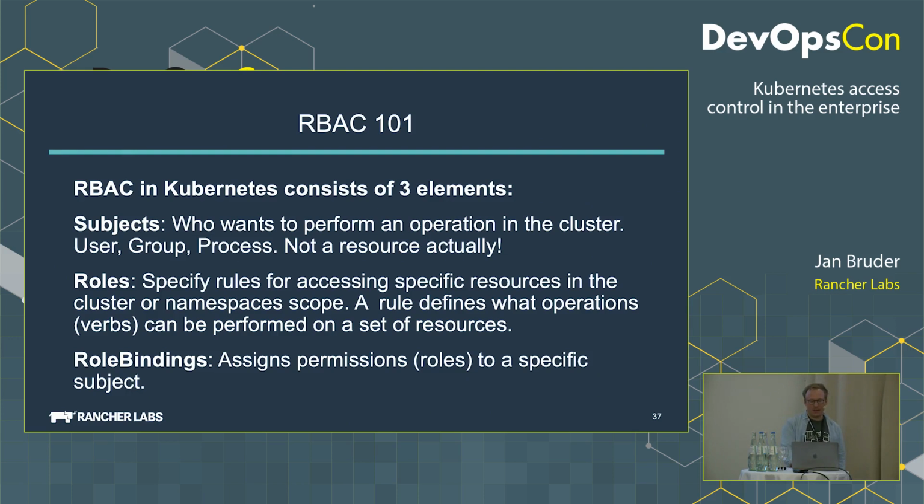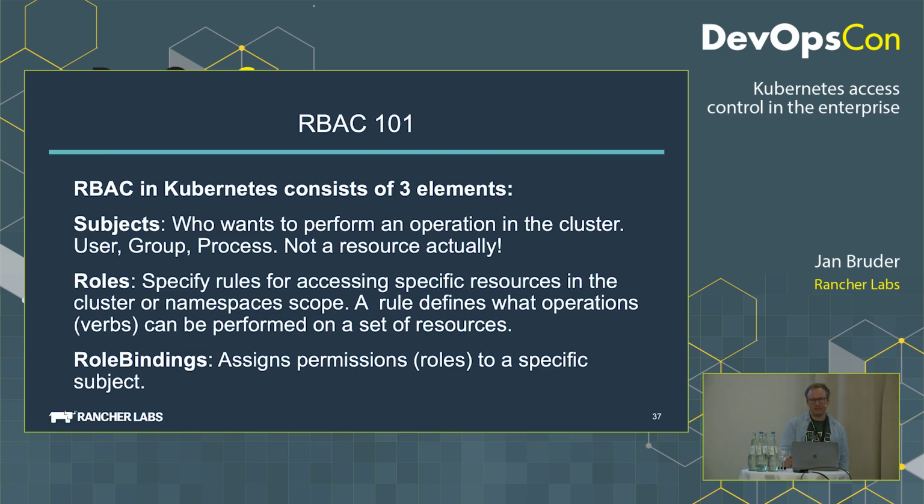The second element is the role. A role specifies the permissions that are granted for a specific resource. A role is a combination of an API group, a specific resource in the API group, for example a pod, and a verb.